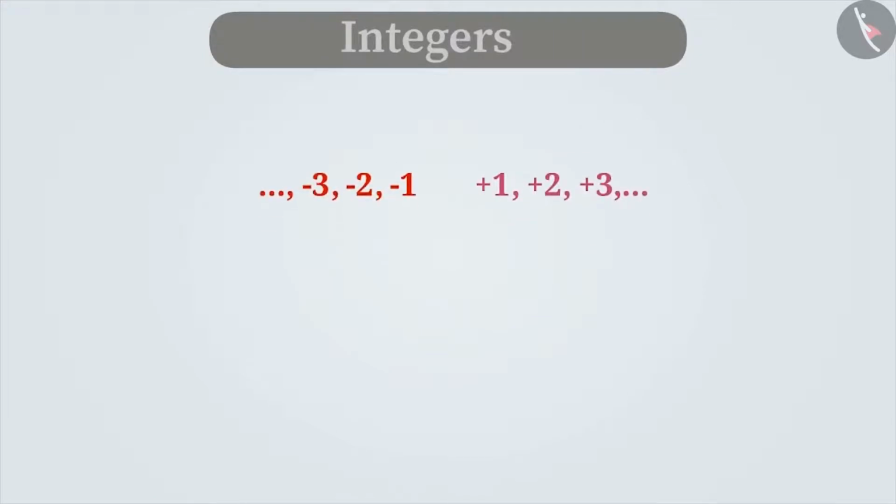A collection of positive numbers, negative numbers, and 0 together is known as integers. In this collection, numbers like 1, 2, 3, etc., without any sign, are said to be positive integers.